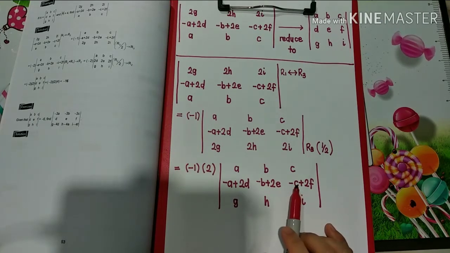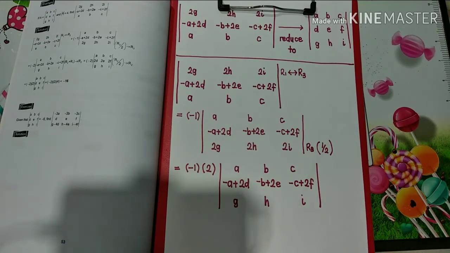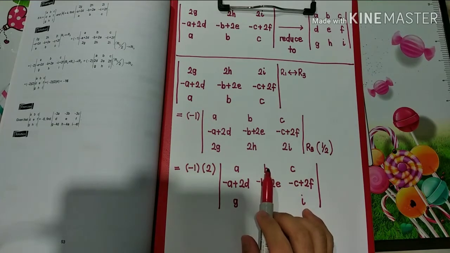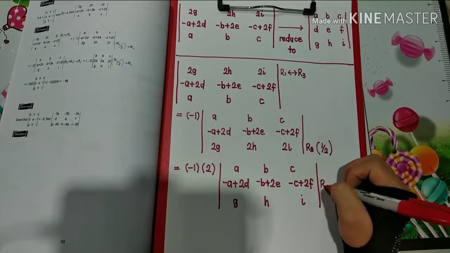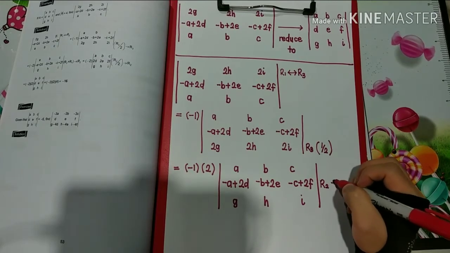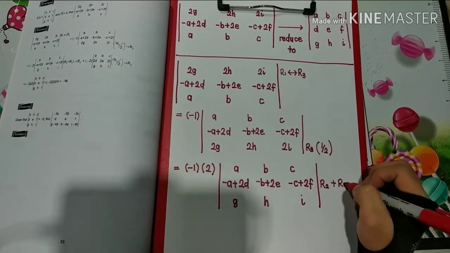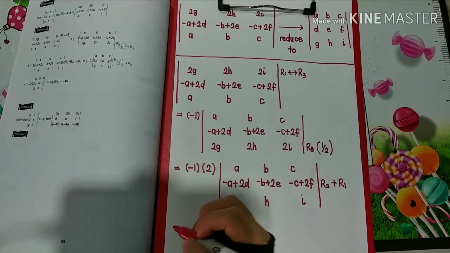That means you need to use the first operation, adding a multiple of one row to another row. Because you want to cancel out ABC here, related to R1, we will use R1. So what you need to do here? R2 here, you add R1. So what happens to the determinant? If you add a multiple of one row to another row, there is no effect.